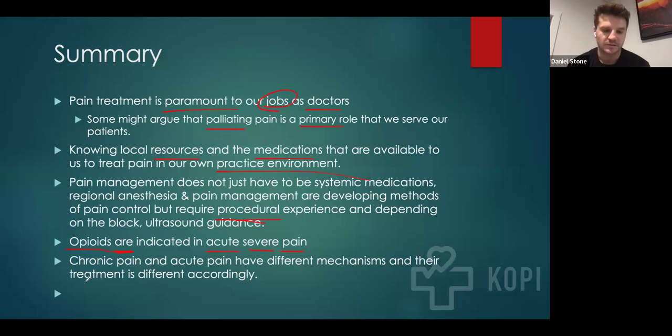And I want you to also remember that chronic pain and acute pain have very different etiologies. I shouldn't say very different, but very different mechanisms. And their treatment is different accordingly because of their mechanism. So when a patient comes in and says they've been having abdominal pains for 2 years, it's a little bit different treatment than I've been having abdominal pain for 2 hours.